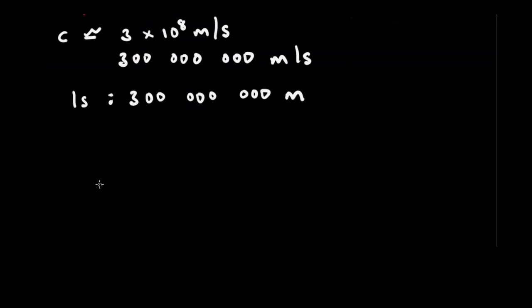What we need to find out is how much does light travel in a distance of 150 million kilometers, the astronomical unit, which is the distance between the sun and the earth. So first of all, we need to convert this 300 million meters into kilometers. In order for us to convert 300 million meters into kilometers, we are going to divide by 1,000.